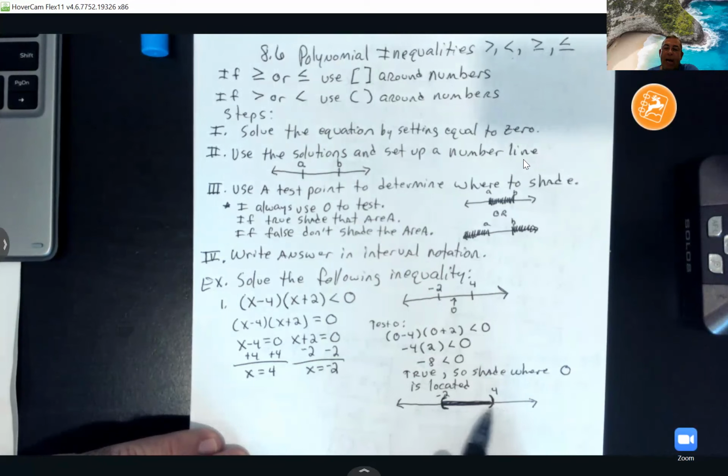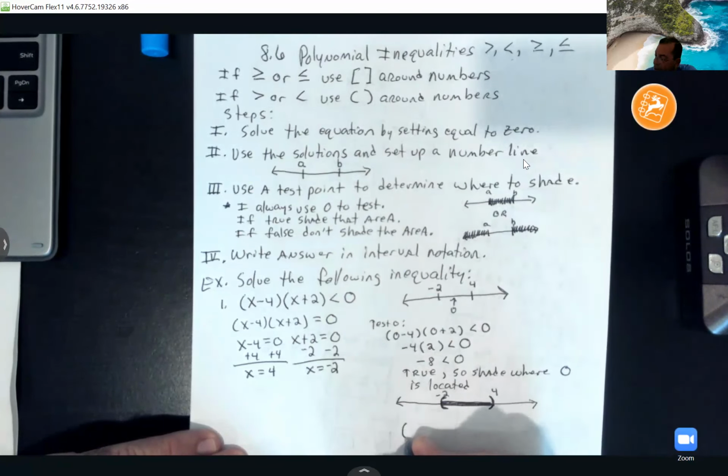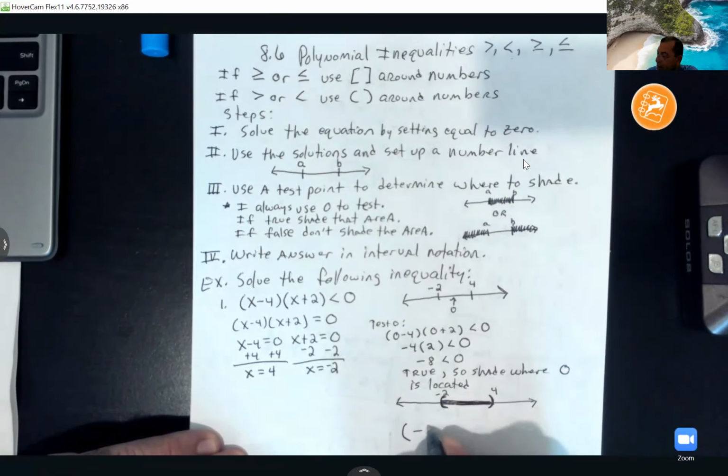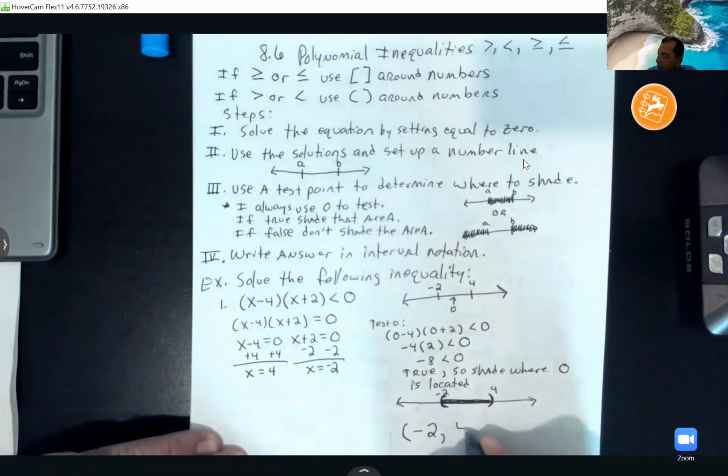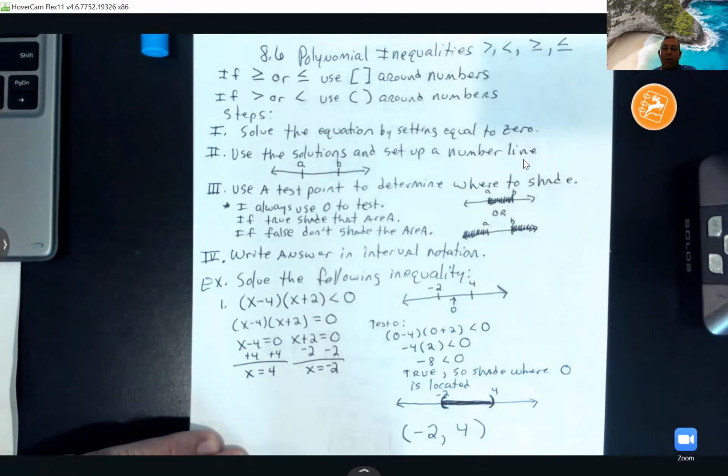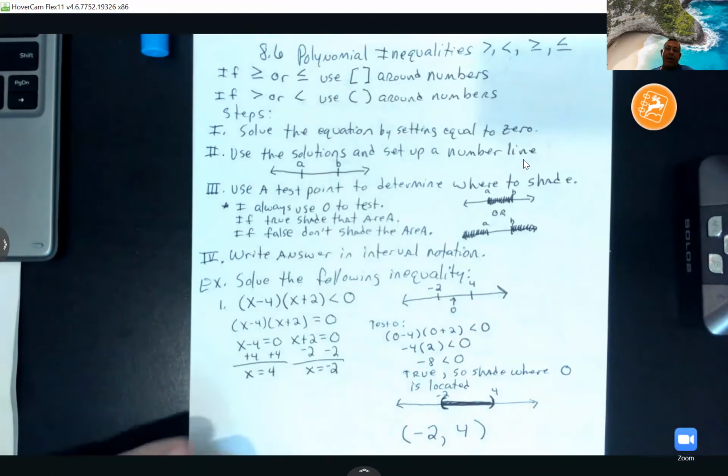And y'all, that's why I like using the parentheses here, because interval notation is parentheses, -2, comma, 4. So remember, when it shades in between, your interval will just be one set of parentheses or one set of brackets, depending on whether you got it equal or not, okay?